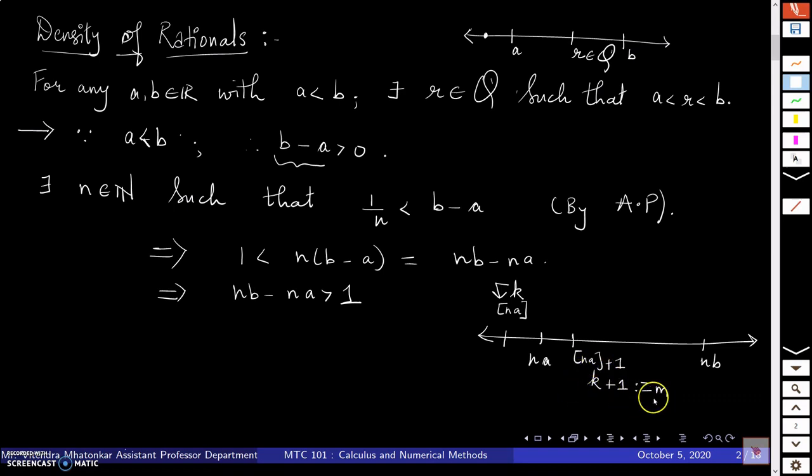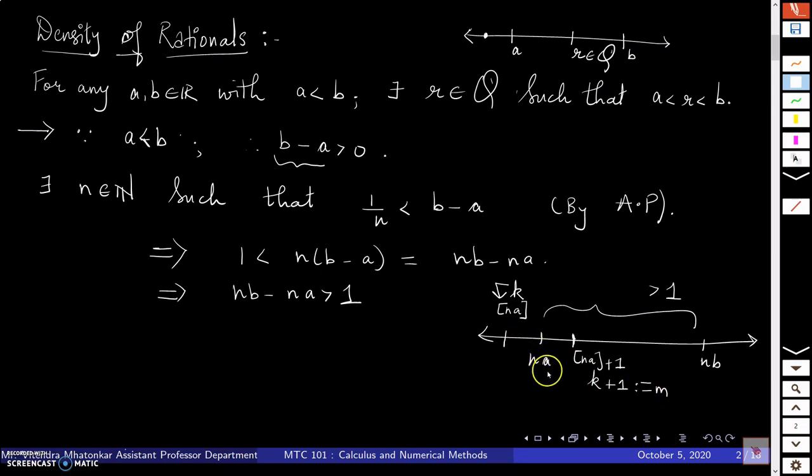And now this m which is actually here, it cannot cross nb because the gap between na and nb is already strictly greater than 1. So this m has to be on the left of nb. It cannot be nb or cross nb.